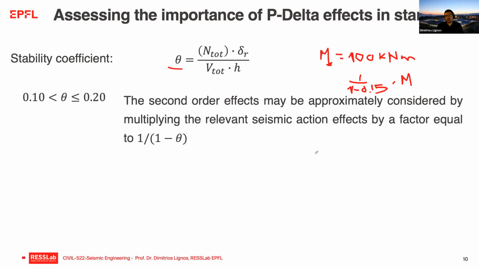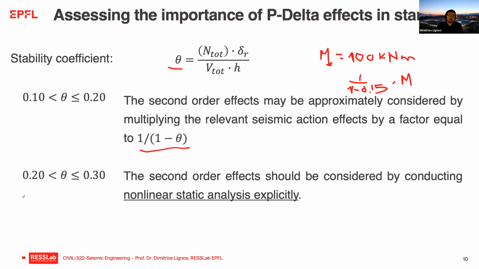Now, this approximation has been generated based on stability considerations of members. It's simply a simplification to approximately consider, as we say here, P delta effects in the member design without having to do what we call nonlinear analysis.